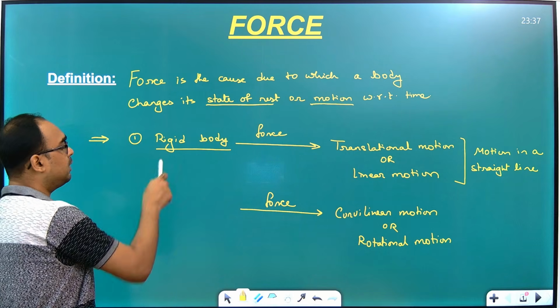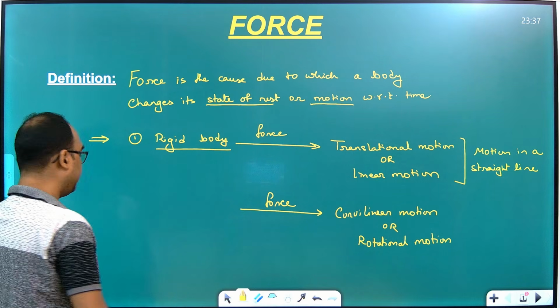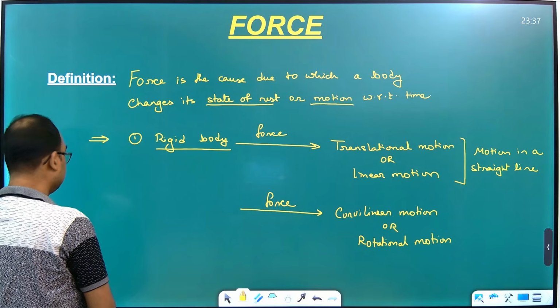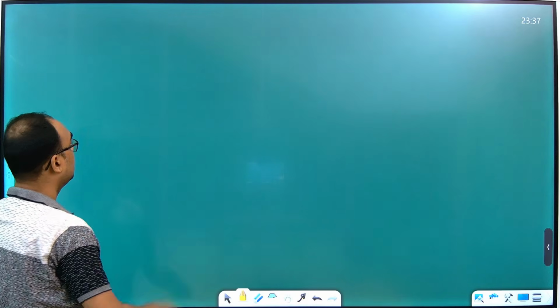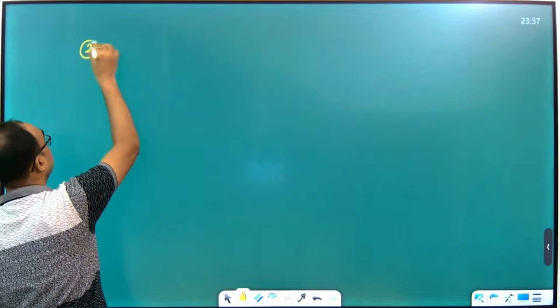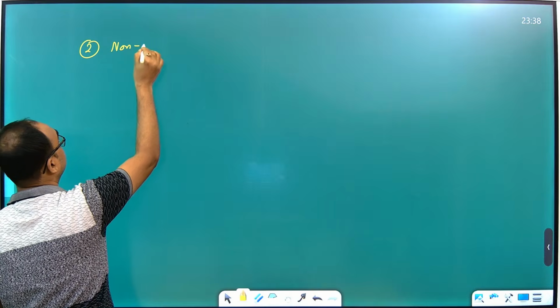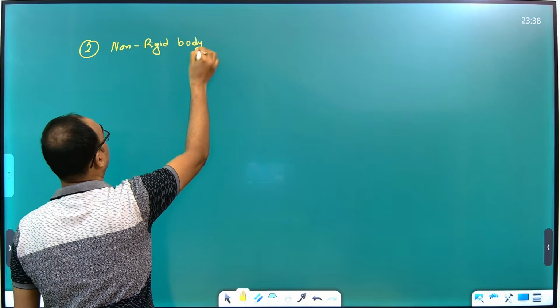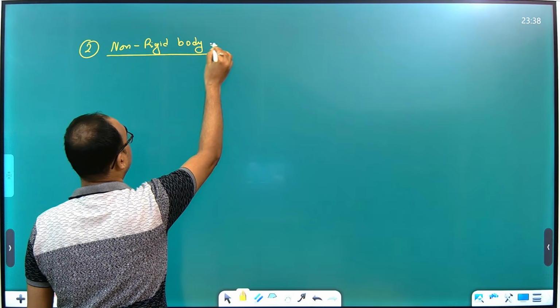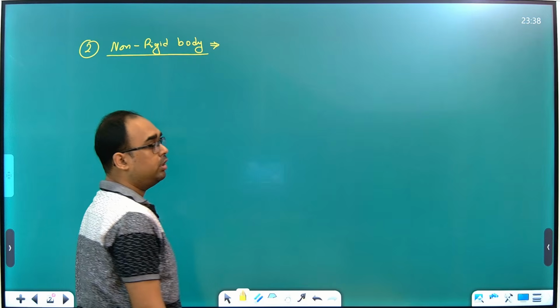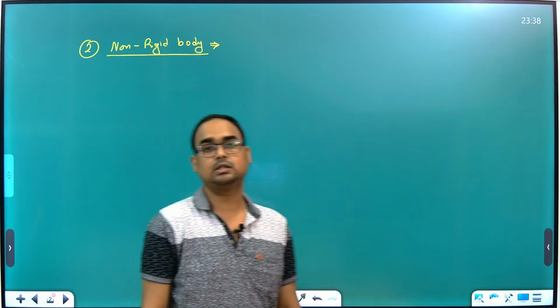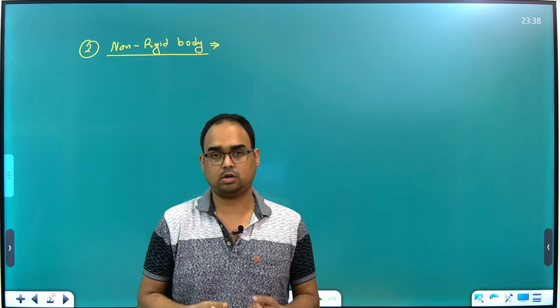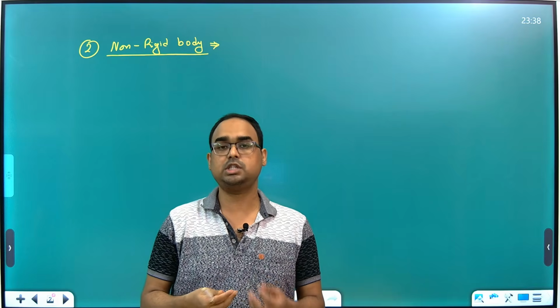One more thing, if the body is a non-rigid body, that means it's not firm, not strong, it's squishy, you can say.